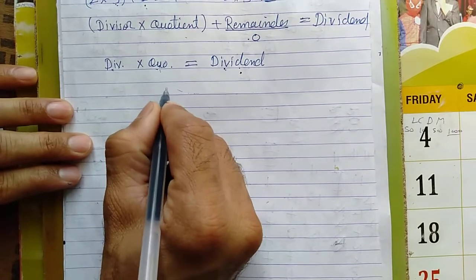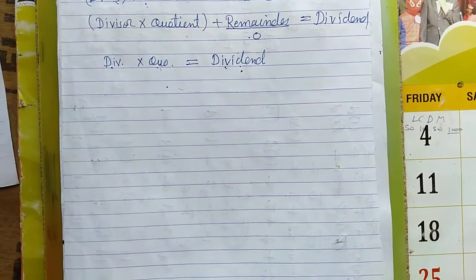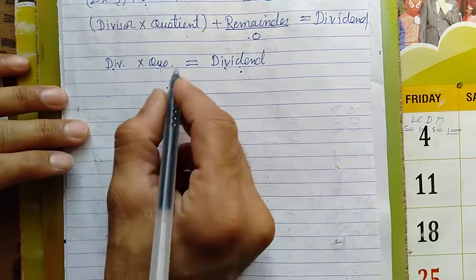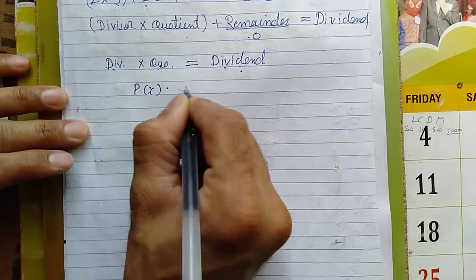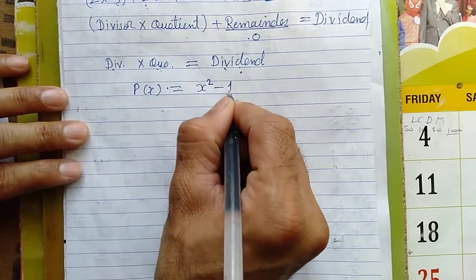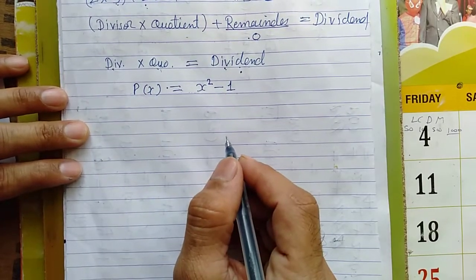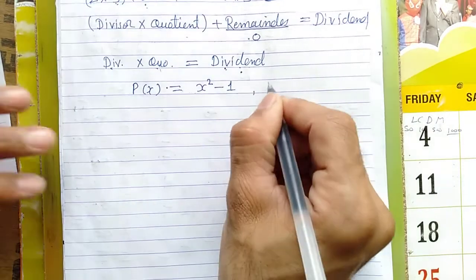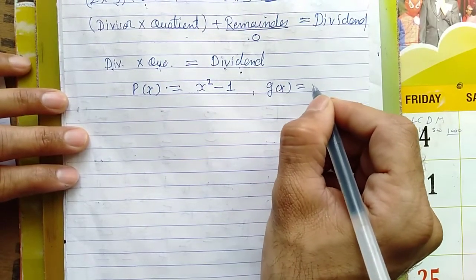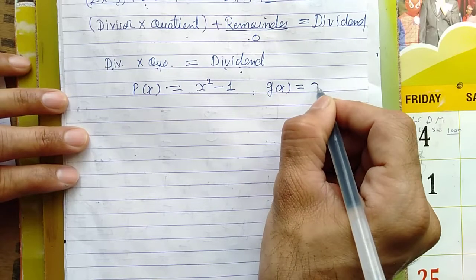One polynomial, p(x), I am taking here, is x square minus 1, right? And another polynomial, g(x), is equal to x plus 1.